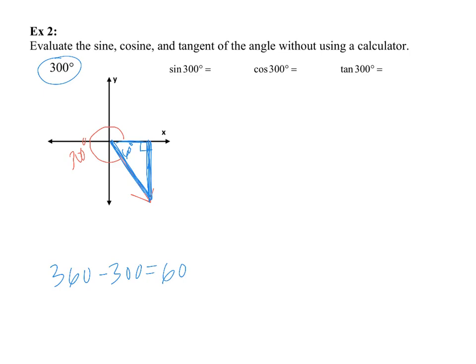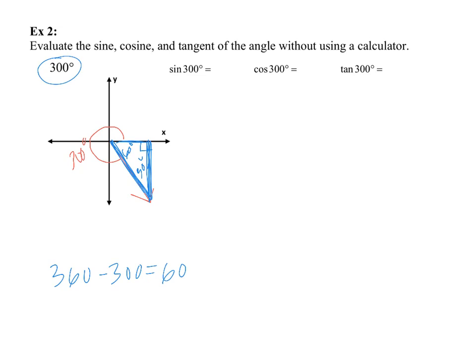The next part is to figure out sine of 300, cosine of 300, tangent of 300. When figuring these out, you're not really using the 300. You're using the triangle formed by rotating 300 degrees. So we're just focusing on this blue triangle here to answer the question. Now I have 60 degrees here. This is a 30, 60, 90, so that's 30.